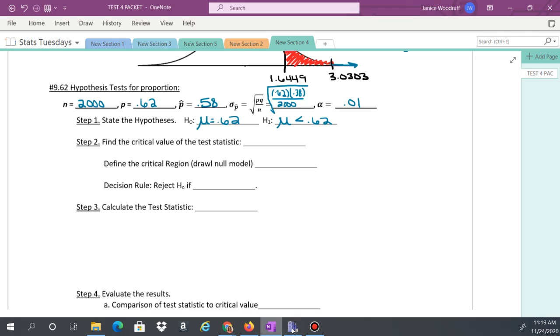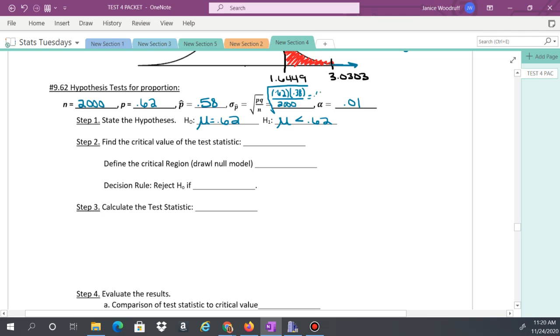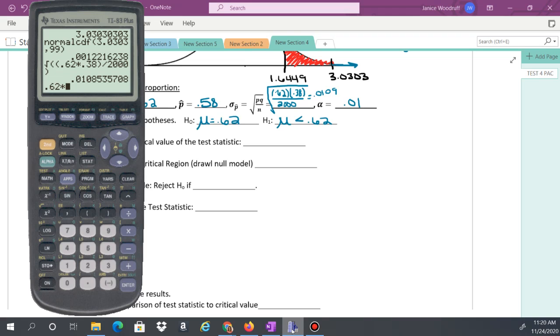So let's go ahead and do that. 0.62 times 0.38 divided by 2,000. That's going to give me 0.0109. Let me do that twice just to make sure. Square root that. Okay, good.